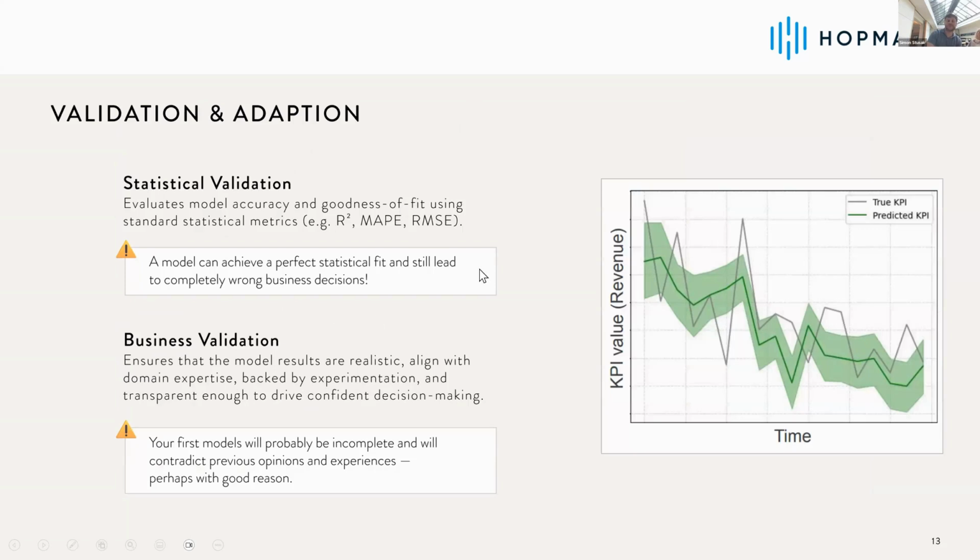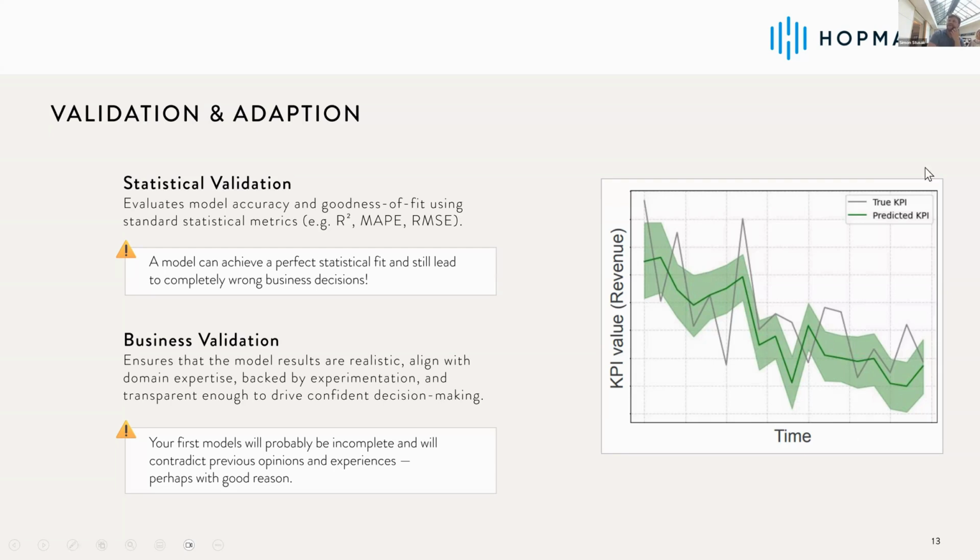Then once you model the data, as I already mentioned, there are two important things: the statistical validation and the business validation. Statistical validation is more or less evaluating how accurately the model fits the actual sales, and there are some standard statistical metrics that you can use, for example, R-square or MAPE. You can also inspect it visually.